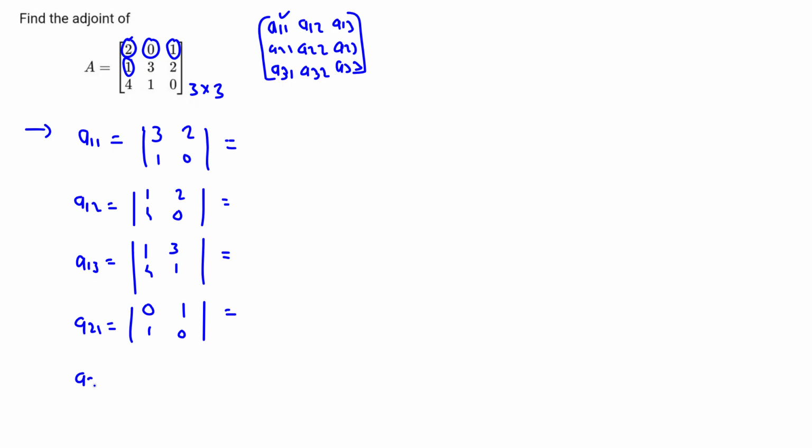Next is A22. The A22 point means point number 3, right? This point lies in the second row, second column. So just skip the second row and second column. The remaining 4 points are 2, 4, 1, 0. Here I am putting 2, 4, 1, 0.